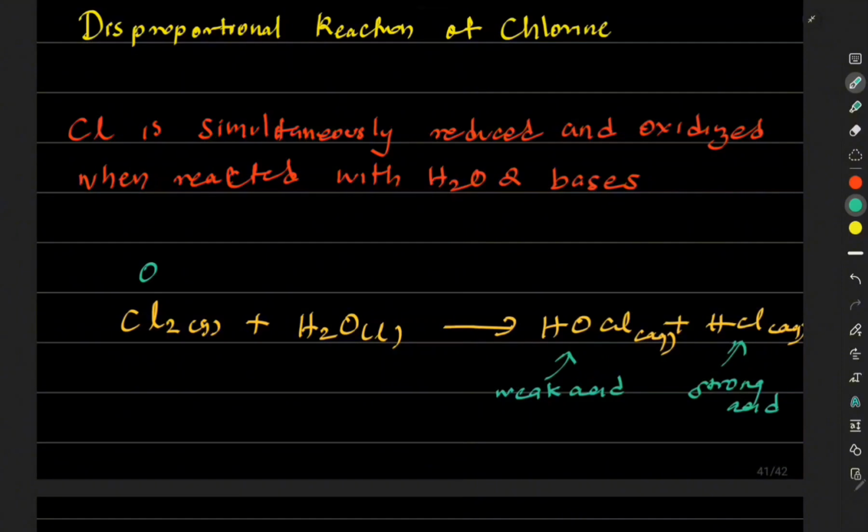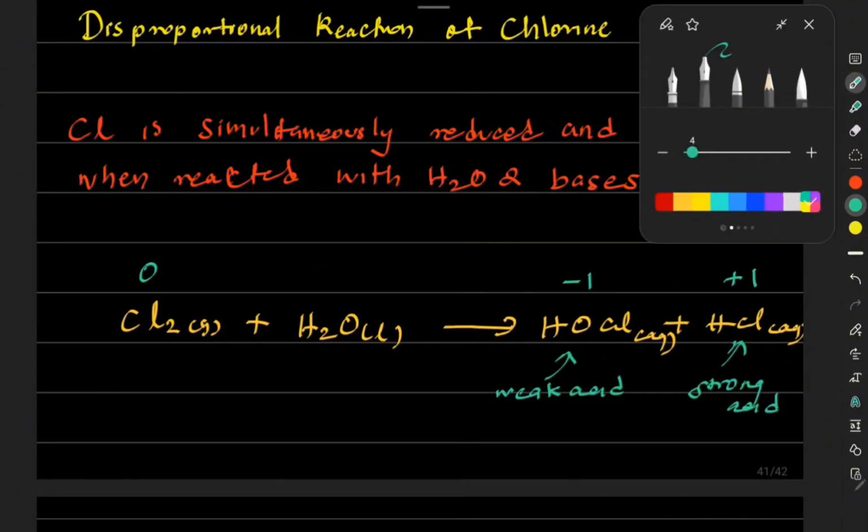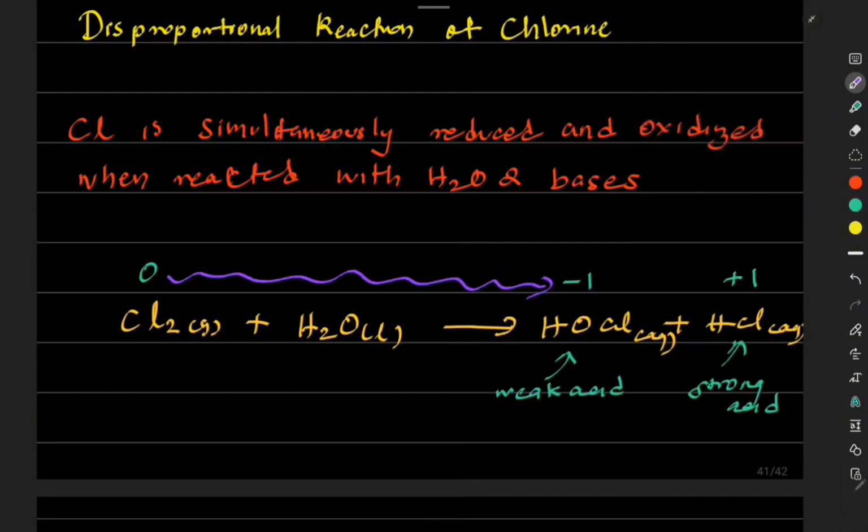Chlorine's oxidation state in hypochlorous acid is +1 and in HCl is -1. I'll mark the reduced one in purple, and the blue one is oxidized.